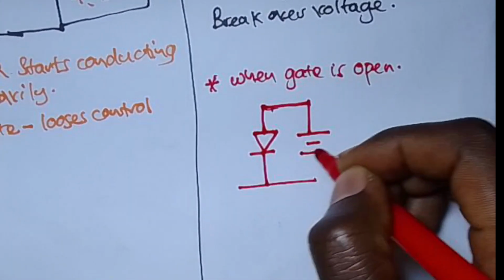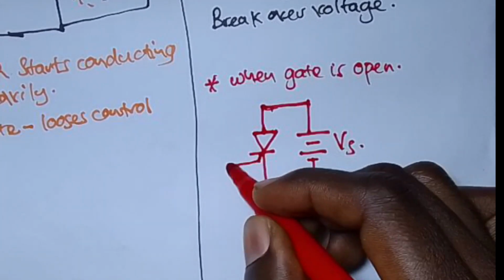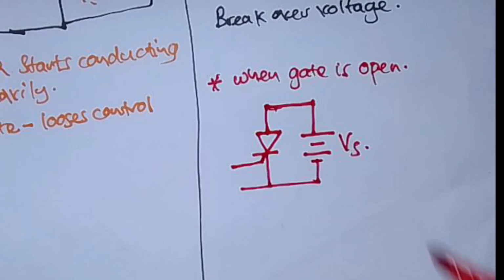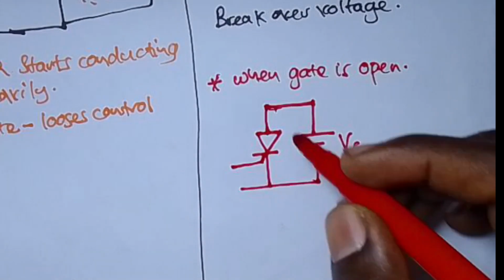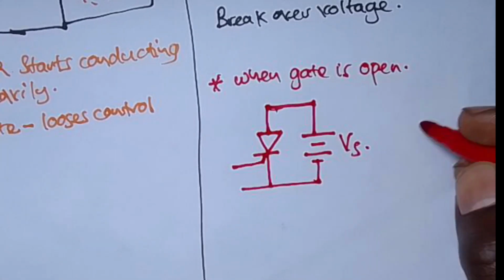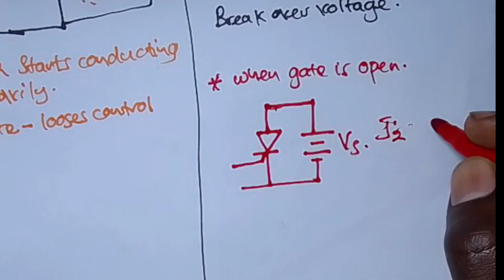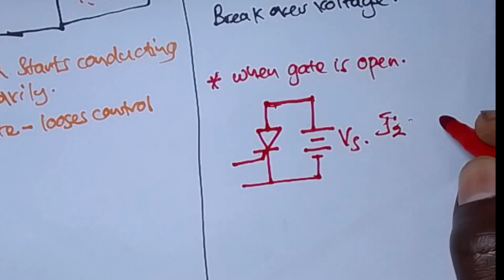This is the supply voltage, Vs. So in brief, the SCR will not conduct, meaning there will be no anode current, but when the supply voltage is varied, a certain state is reached when a certain junction, J2, breaks down and the SCR starts conducting.